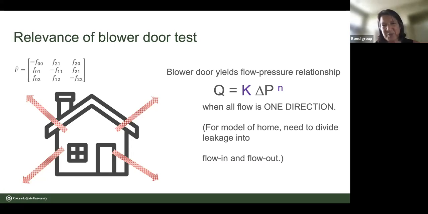And then you get this flow pressure relationship where Q is the flow, K is some kind of constant, delta P is the pressure across the envelope, which the blower door makes kind of the same over the whole house, and N is an exponent. The blower door is always measuring when all the flow across the building envelope is either in or out. So when we want to do a model under regular conditions, we need to divide the leakage into how much is flowing in and how much is flowing out.